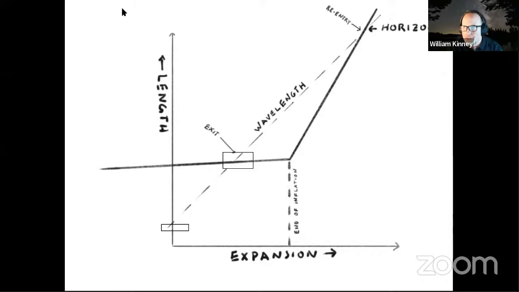Now, this geometry means something. There's one important qualitative consequence, which is that long wavelength perturbations exit earlier in inflation, and short wavelength perturbations exit later in inflation. And we will see later on, and those of you who are familiar with inflation probably know this already, that the amplitude of the perturbation, the power spectrum of the perturbation, is proportional to the Hubble length at the time the perturbation exited the horizon, usually.